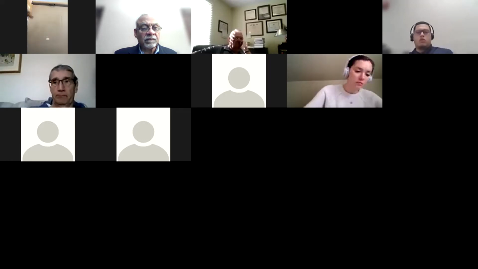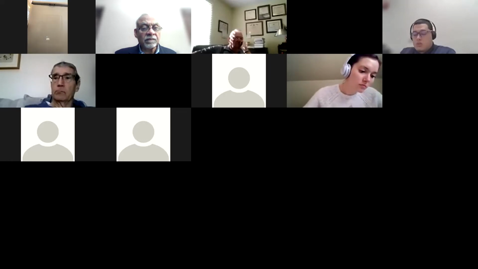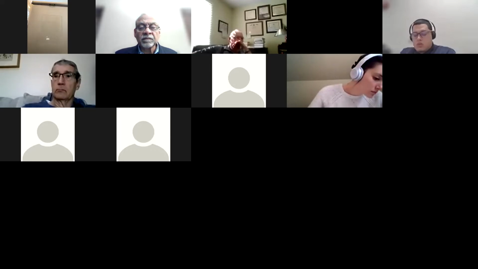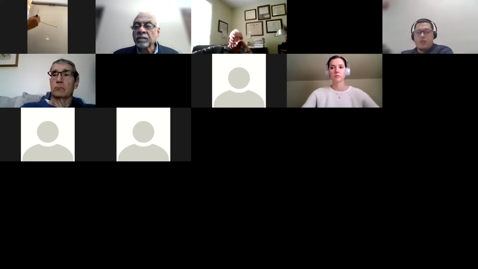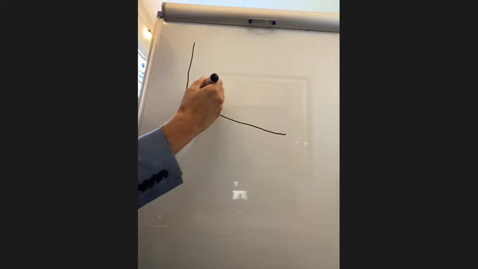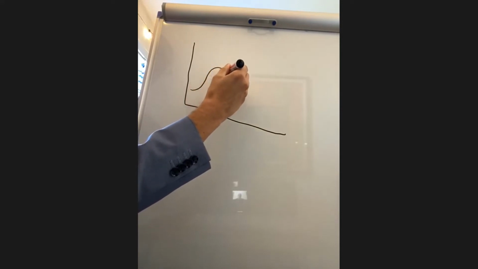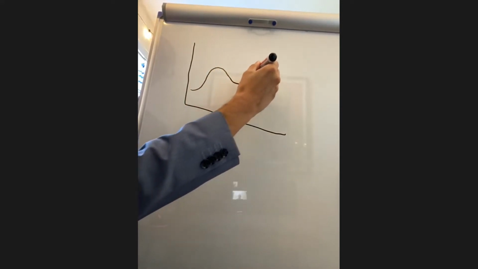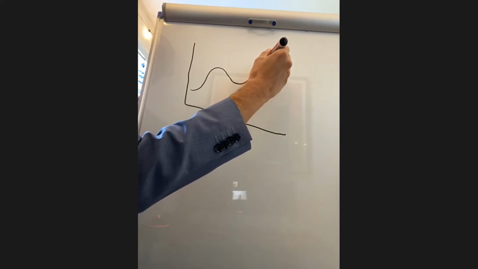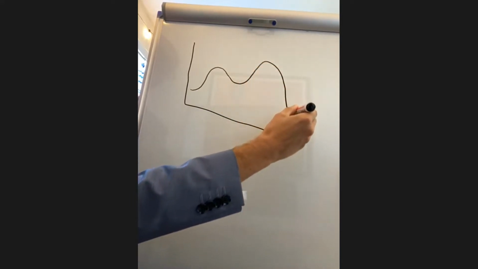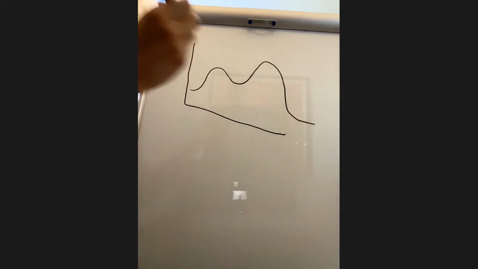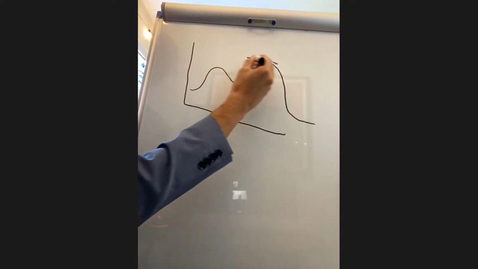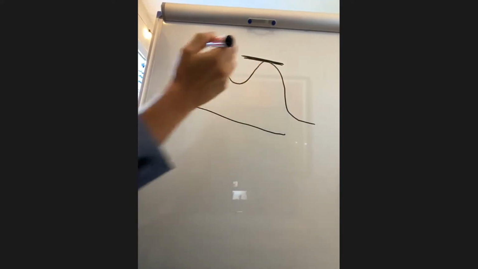When you look at just a load over the course of 24 hours, it looks something like this, where you have a small peak in the morning, and then a bit of a trough in the afternoon, and then a large peak in the late afternoon and into the evening, and then it goes down, and then it's relatively low overnight.